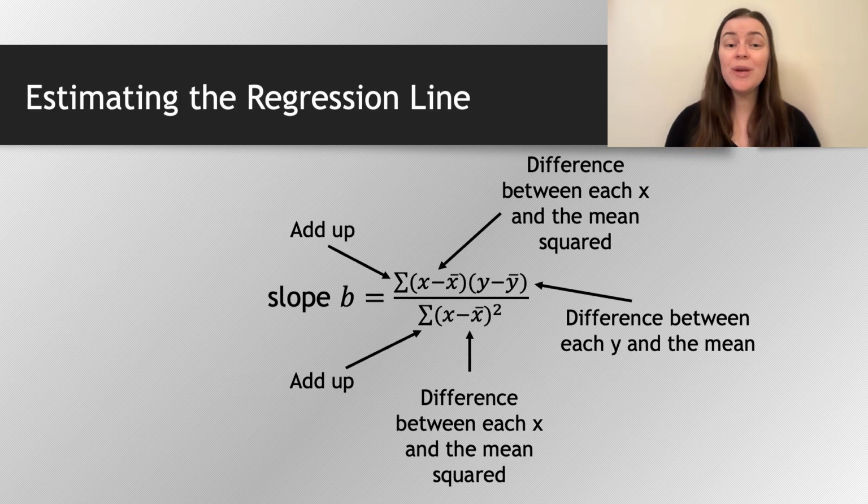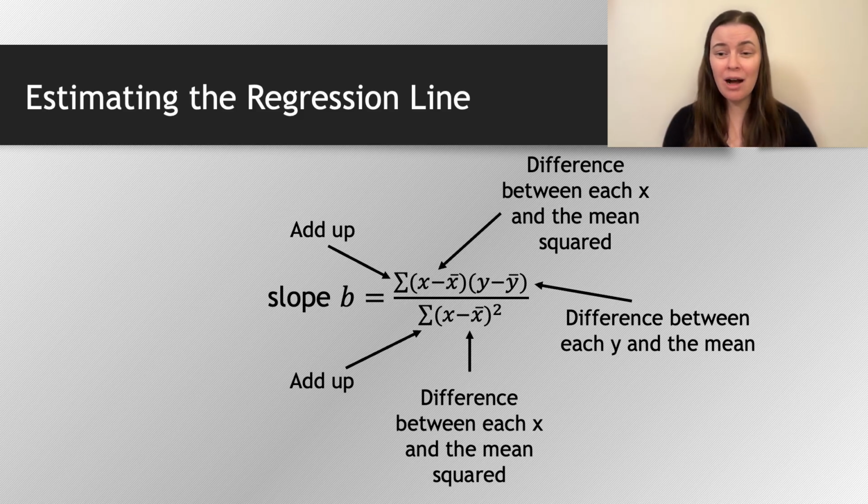However, once we get to actually estimating the regression line, it gets a little bit more complicated when we take a look at how we actually have to calculate our slope, or B. In order to do that, if we were to do it by hand, we would have to add up all of the differences between each x and the mean squared, multiply that by the difference between each y and the mean.